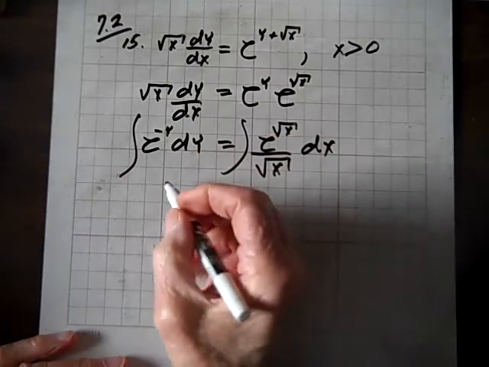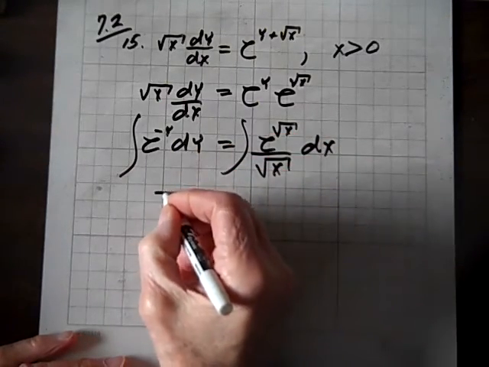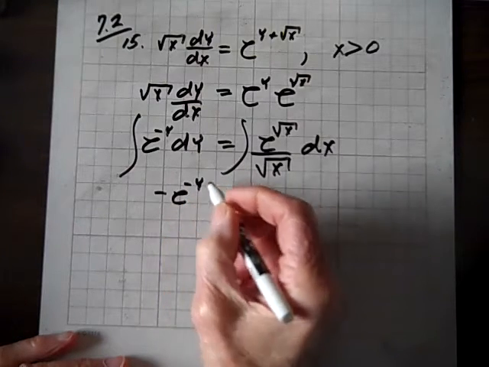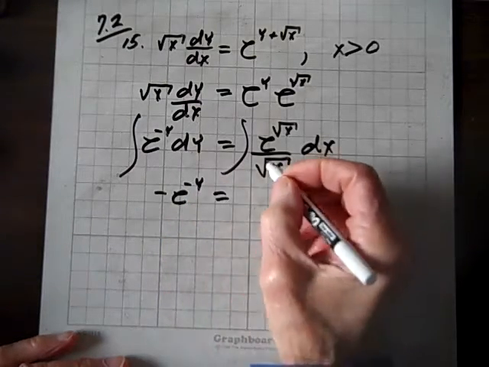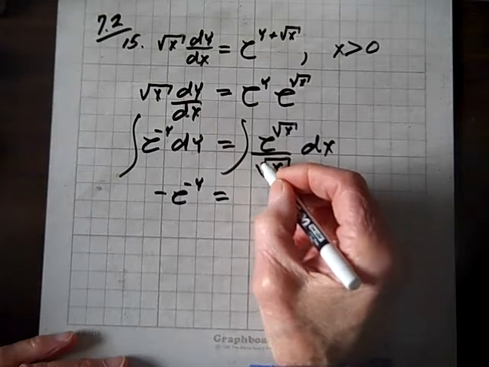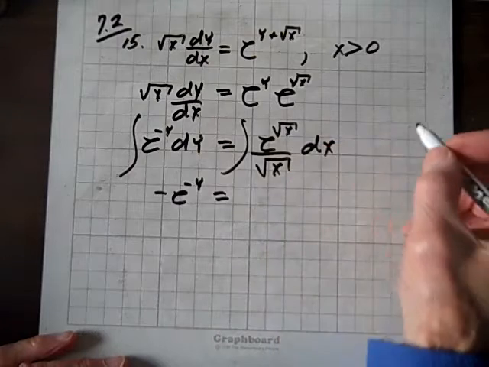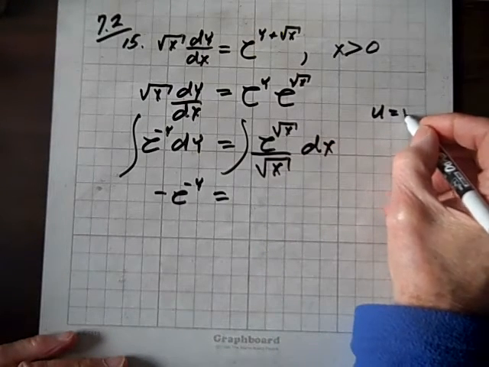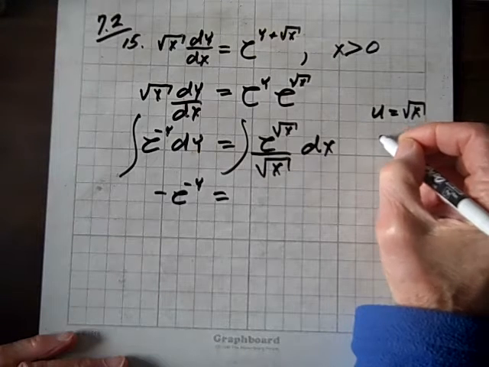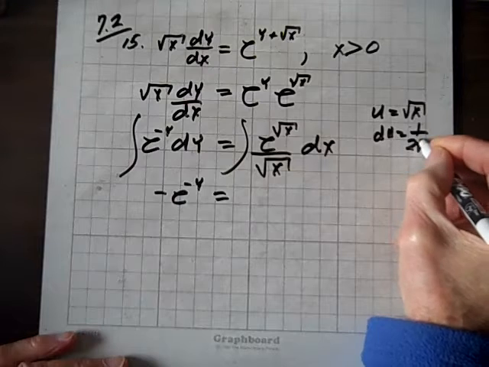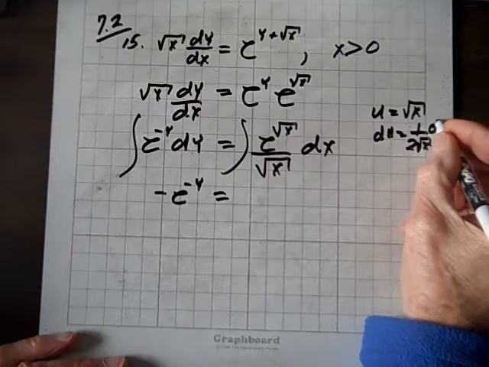And what we get here is minus e to the minus y equals, and oh boy, we've got a little problem here. We need a 2 down here. In other words, if u equals root x, then du equals 1 over 2 root x dx.